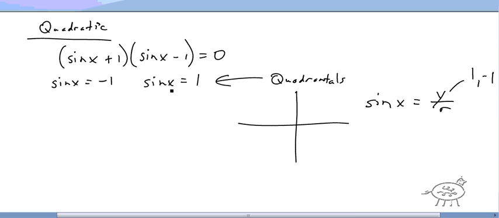Sine of what is 1? Well, the sine of 90 degrees or pi over 2. That's one answer. And you remember here y is 1, and here y is negative 1. So for this guy, sine of x equals negative 1, you get x equals 3 pi over 2. And that's the answer for these.